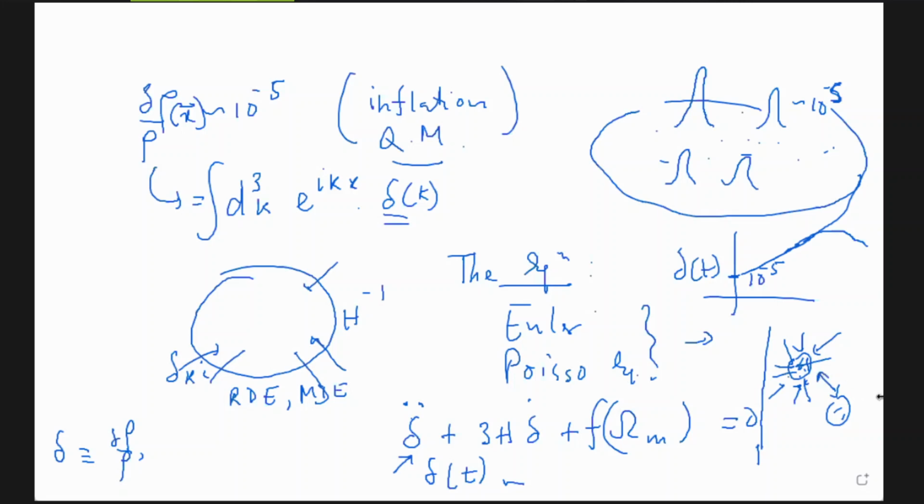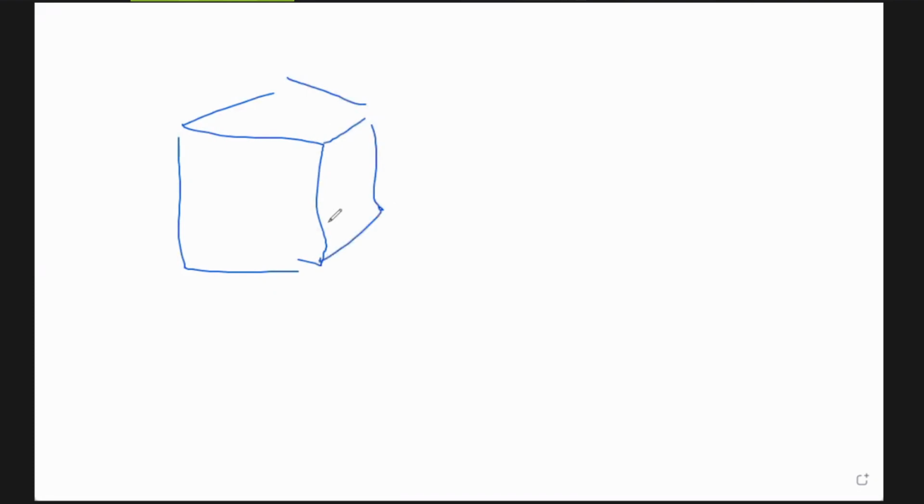So that's what we are going to see now in a simulation. Simulation does not solve this mathematical equation. Solving these mathematical equations with some nonlinear physics is called analytical calculation. But what a simulation does is very simple. You say, okay, this is my box. They choose a box size, say megaparsec or 100 megaparsec.